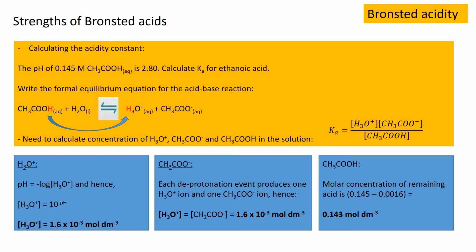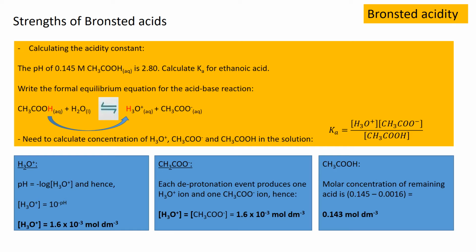So the first thing we do is to write the formal equilibrium equation for the acid-base reaction. So we've got our ethanoic acid plus water going to H3O plus and the ethanoate, the ethanoic acid minus the proton. We can write an equation that describes the equilibrium constant then, which is found on the far right of the yellow box there. Ka is equal to the products divided by the reactants in terms of concentration.